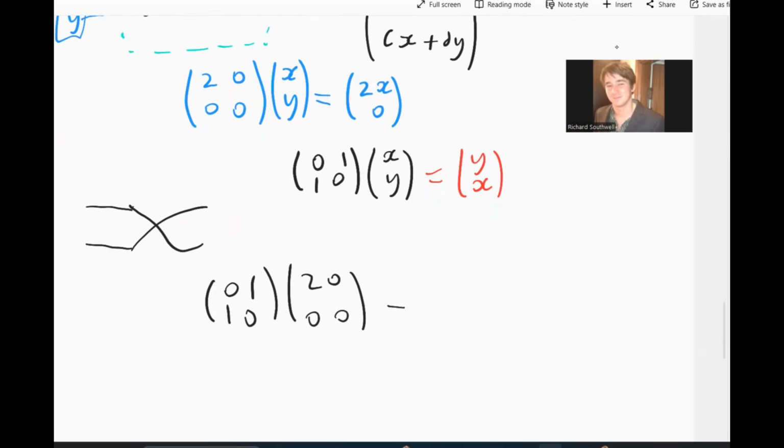So let's calculate this out. We do this dotted with this. That's 0. We do this dotted with this. That's 0. We do this dotted with this. That's 2. And we do this dotted with this. That's 0.